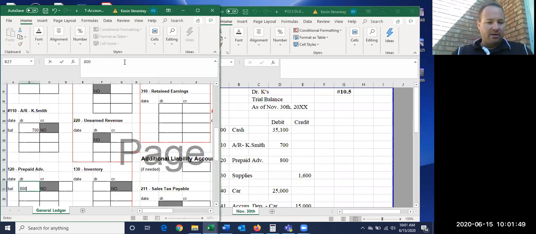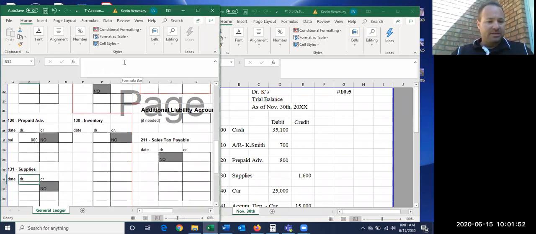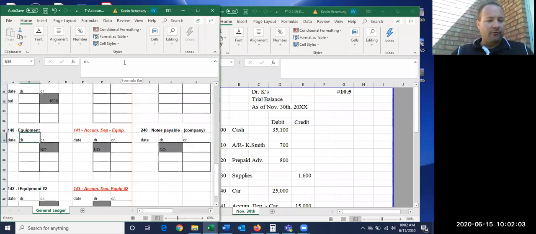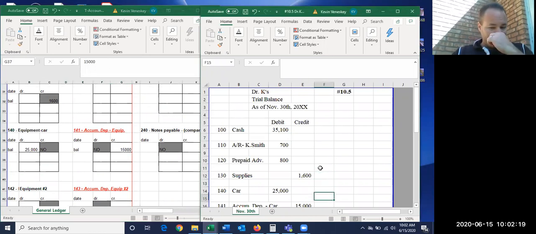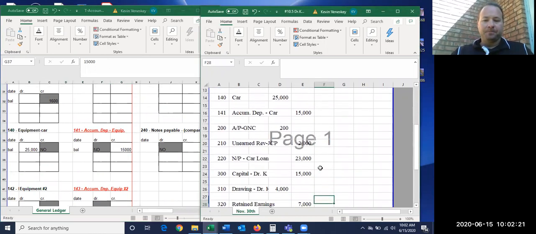Our balance, $800. Supplies, we're going to take out the credit and put over here 1,600, knowing that that obviously isn't right. For our equipment, we'll put dash car. Our balance is $25,000.